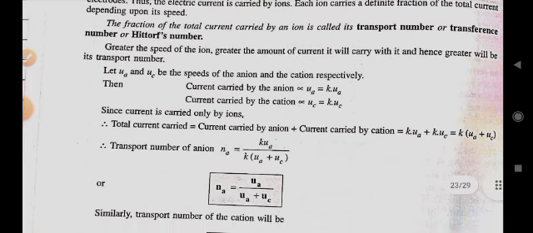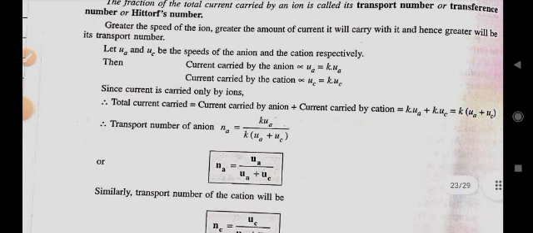Let UA and UC be the speeds of the anion and the cation respectively. Current carried by the anion is directly proportional to the speed of the anion, equal to K UA. Current carried by the cation is directly proportional to the speed of the cation, equal to K UC.